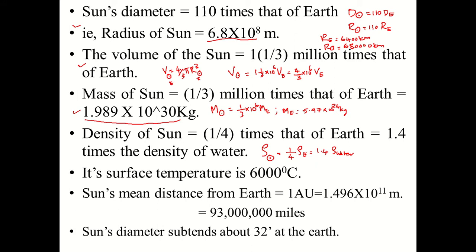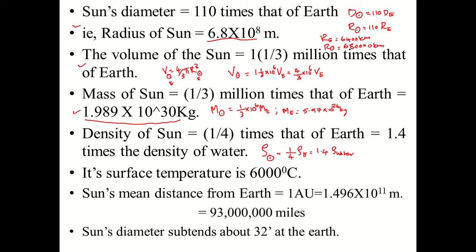The reason is that Earth contains a large quantity of solid materials in the form of sand, rock and dust, but the major constituent of the Sun, which is a star, is hydrogen gas. Compared to solids, the density of gas is much less. So we can say that the density of the Sun is 1 by 4 times that of Earth.